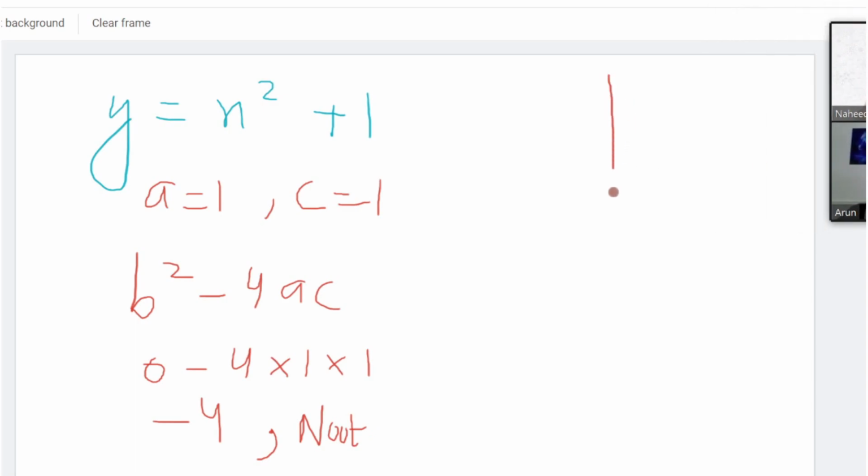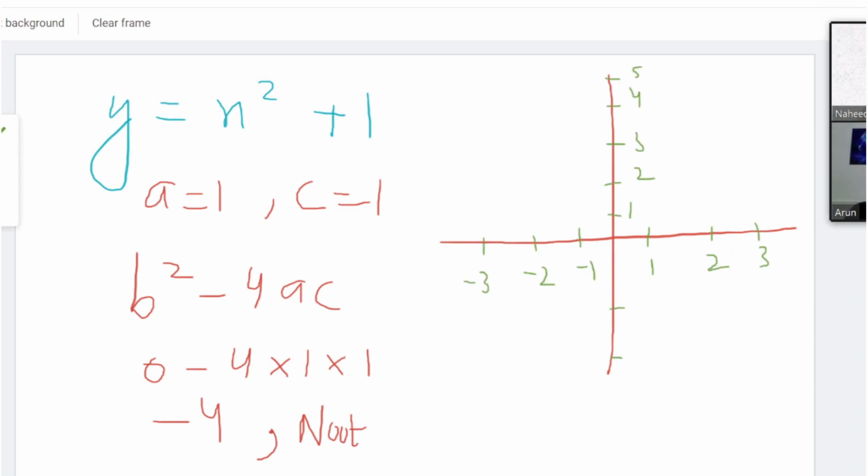I'll be making a graph. You can take any number in place of x, substitute it and get the point. Take x equals 1. What will be y? 2. So if you take x as 1, somewhere here, you are getting y as this point.